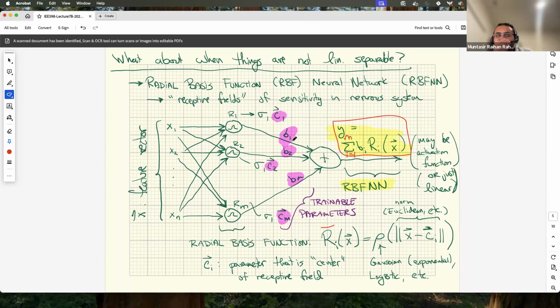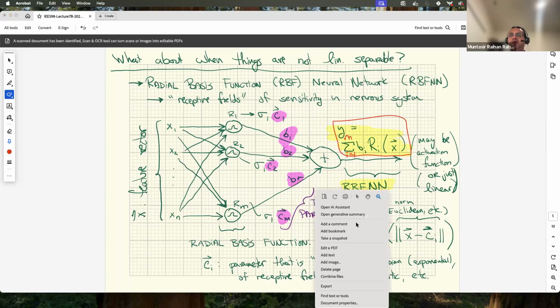Then we have another set of parameters which we're calling the C parameters, which are vectors. Where does this come from? That comes from these radial basis functions. So what is the structure of these radial basis functions?